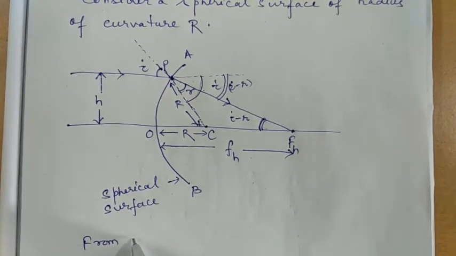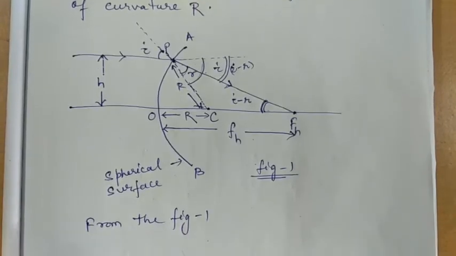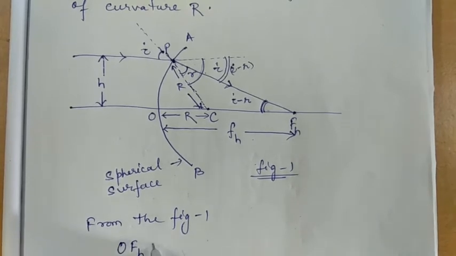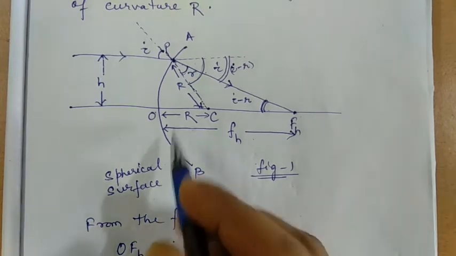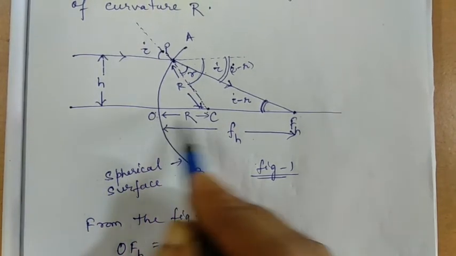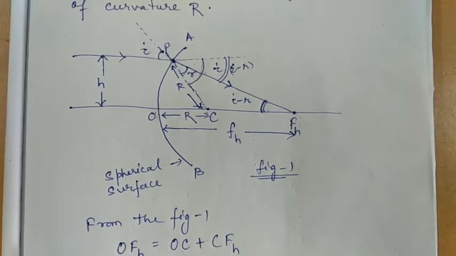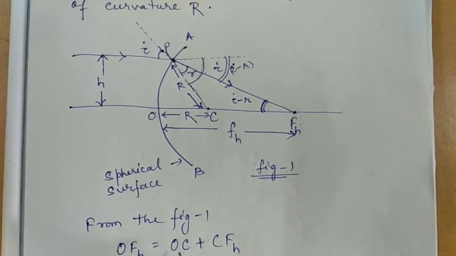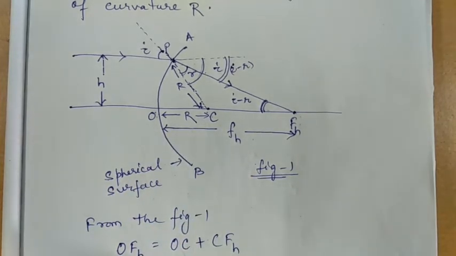Now from the figure, let's say this is my figure 1. OFH is equal to OC plus CFH. In place of OC you can write R, because the OC value is R. So OFH is equal to R plus CFH.